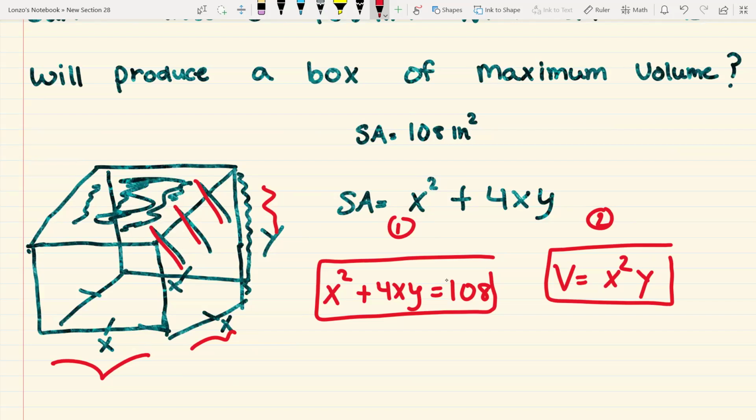Next step is substitution. We're going to get one of the variables and substitute into one of the equations. So what are we trying to maximize? The volume is what we're trying to maximize, right? And this would be like our secondary equation.